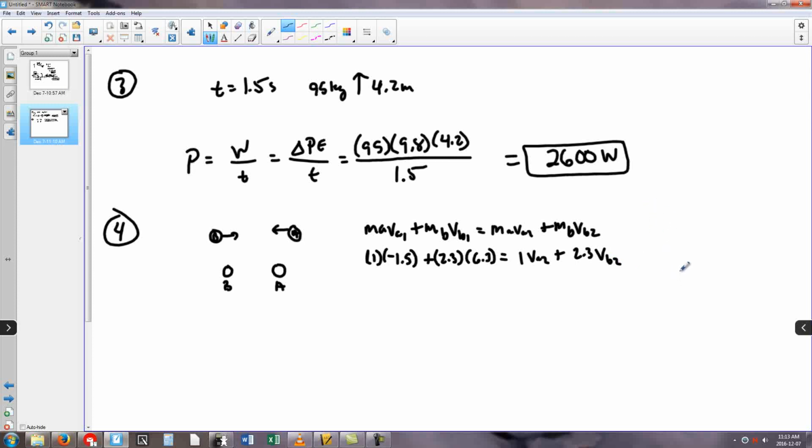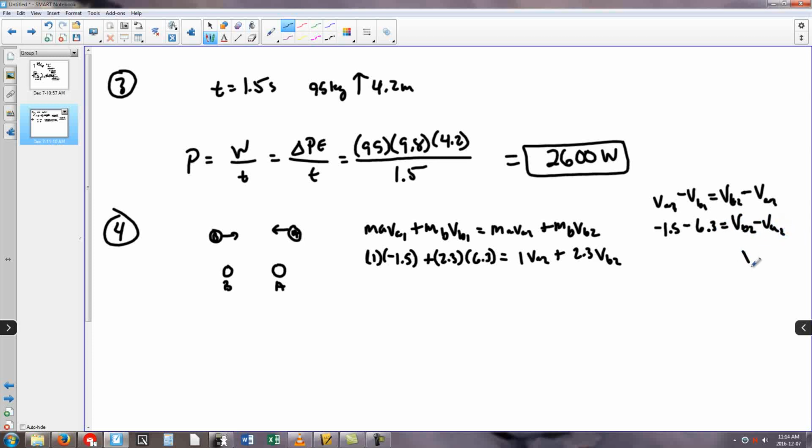So there is another equation that I can use, and that is VA1 minus VB1 equals VB2 minus VA2. I know VA1 was negative 1.5. If I subtract VB1, which is 6.3, I'm going to get VB2 minus VA2.